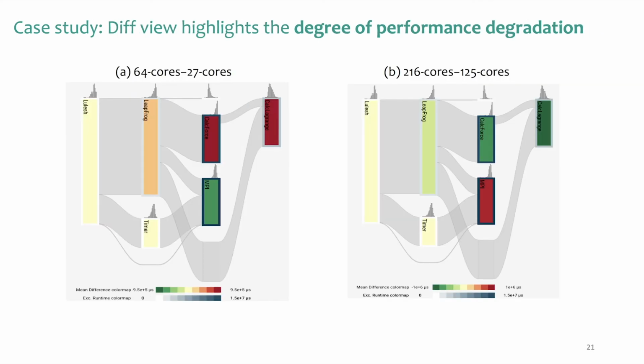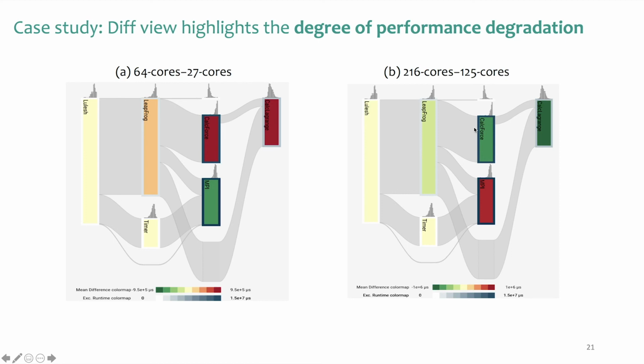Next, we further investigate this phenomenon by comparing the 64 cores with the 27 cores, and also comparing the 216 cores with 125 cores. As we notice, the diff view clearly distinguishes the performance variability exhibited by the CalcForce module. There is a clear performance slowdown in case of the 64 case, and there is a performance speedup in case of the 216 core case.